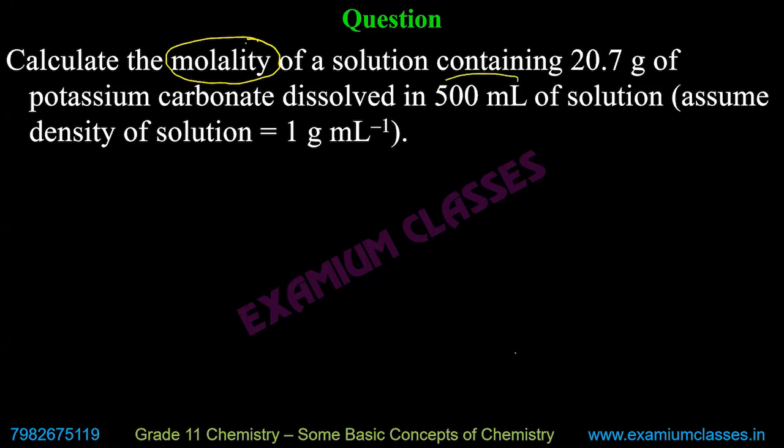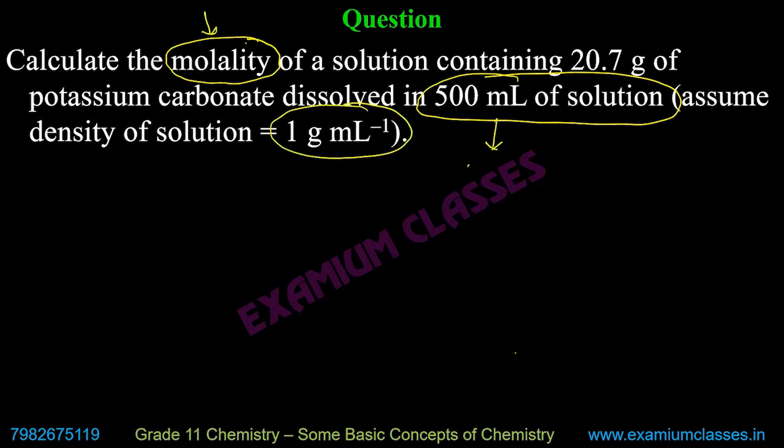This is a 500 ml solution, so you cannot use this as the volume of solvent. The density is given, and you need molality. You can calculate the mass from volume because density is mass over volume.